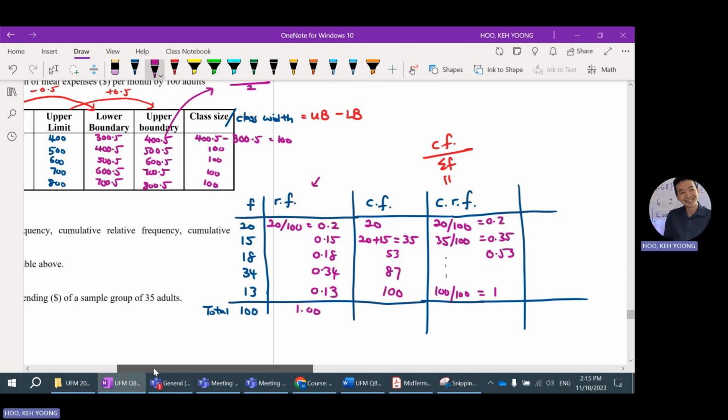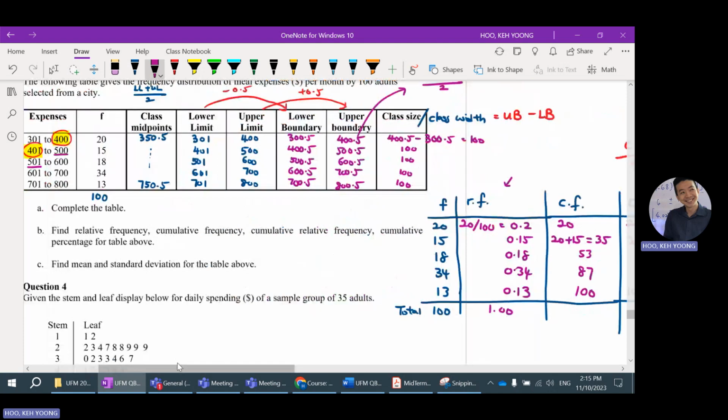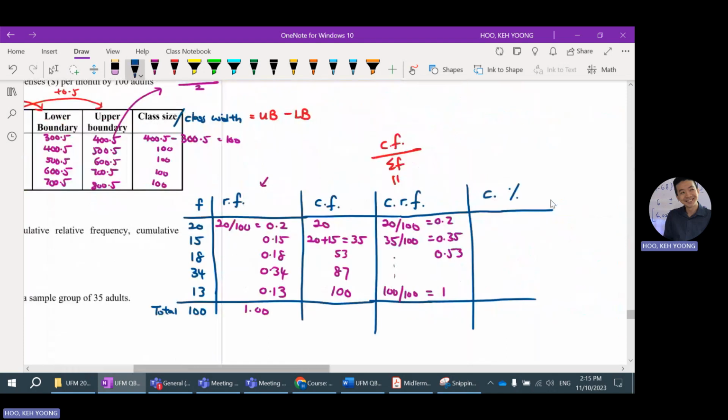Okay, the last one, cumulative percentage. To find the cumulative percentage, the formula is cumulative relative frequency times 100%.